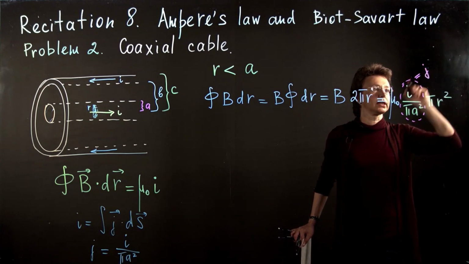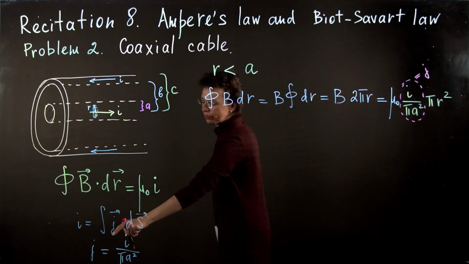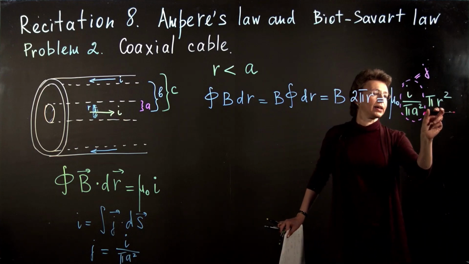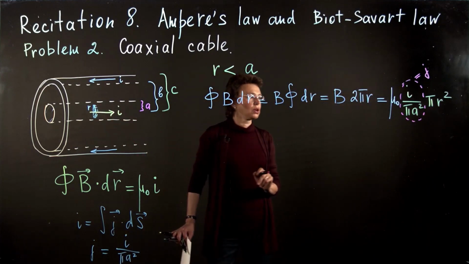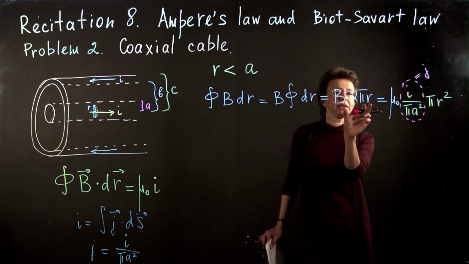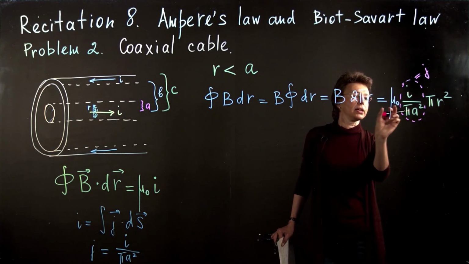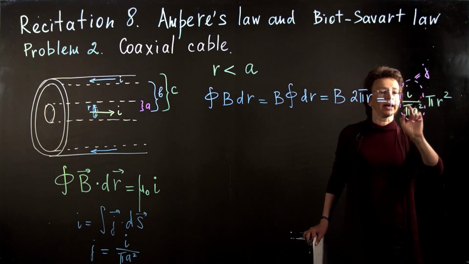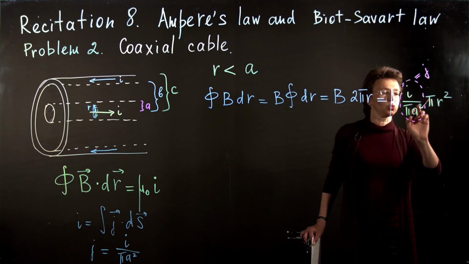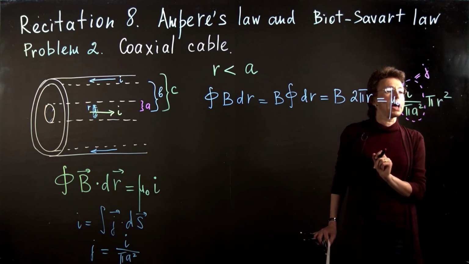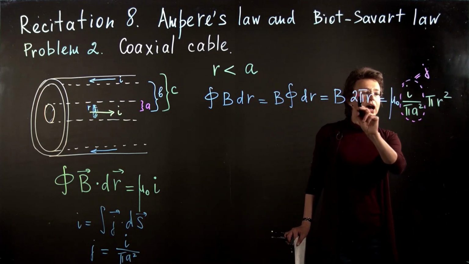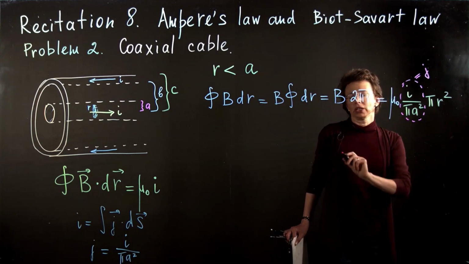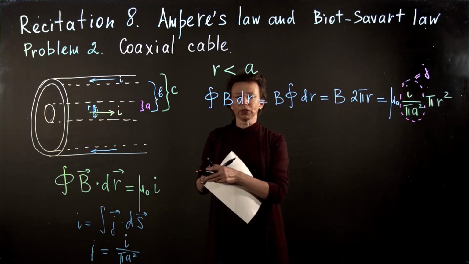In other words, it is J. And what I have here is the area bounded by this loop. So my equation is B times 2 pi r is equal to mu naught times I over pi a squared, and then the area of the loop, pi r squared, for r less than a. Now we solve this equation and find the magnetic field.